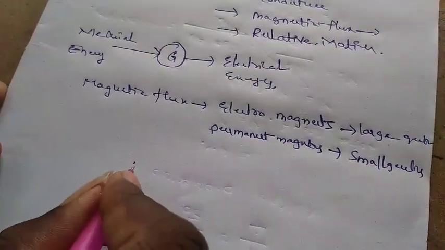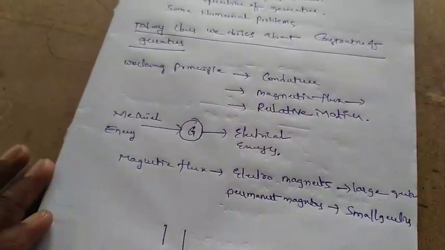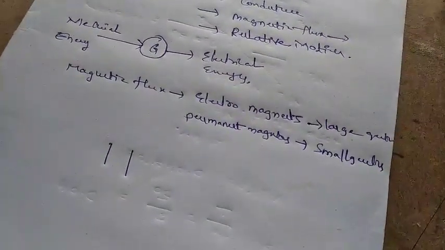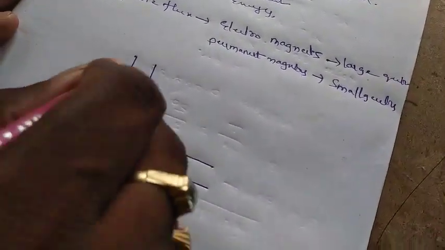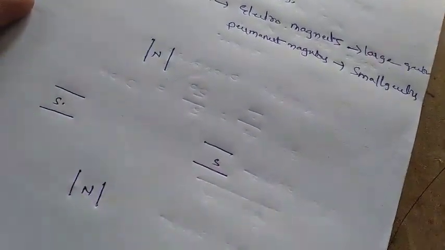So you have to consider, I am considering a 4-pole machine. These are the 4 poles. So north, south. These are the 4-pole machine.